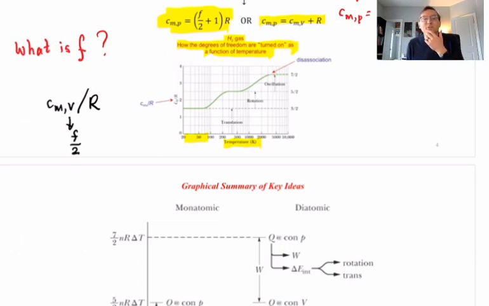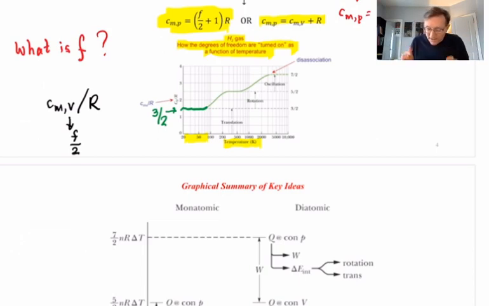But at low temperatures, 20, 30, 40, 50, up to a little below 100 Kelvin, the data for CMV over R, right there, is at the value 3/2. In other words, F equals 3. Yes, F equals 3. What is that coming from? The translation of the H2 molecules. They're just translating throughout space, and nothing else.